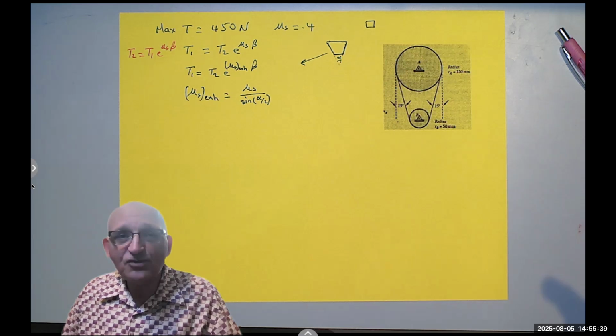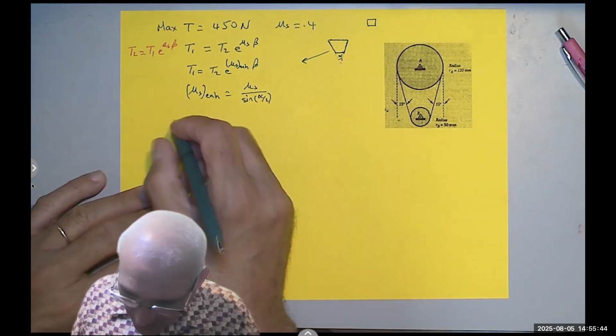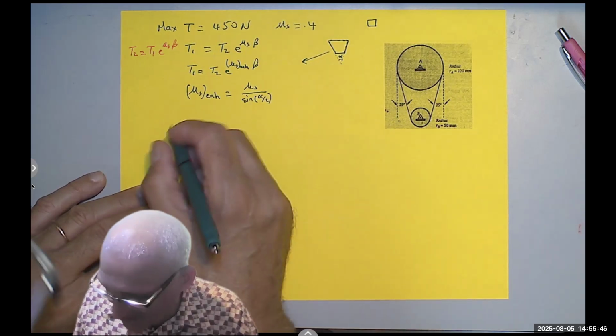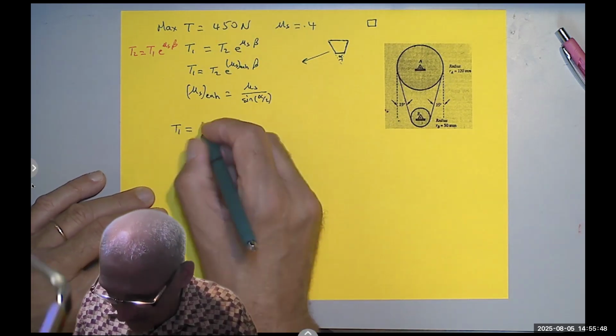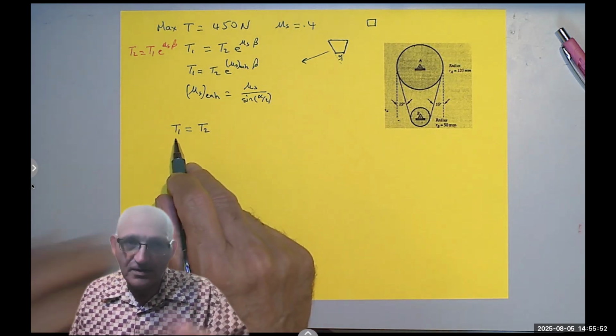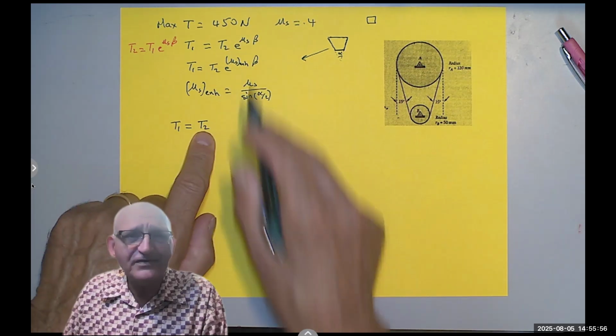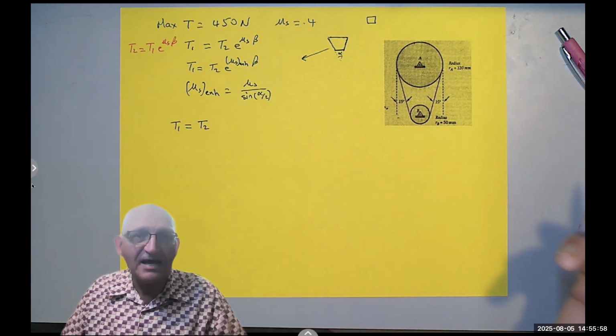So here, all you have to do is start writing this equation. This is a very simple problem. Since I use T1, I'm going to say T1 equals T2 e to the mu sub s beta. Notice I have to make T1, the bigger one, 450, because if I make the smaller one 450, the bigger will snap.